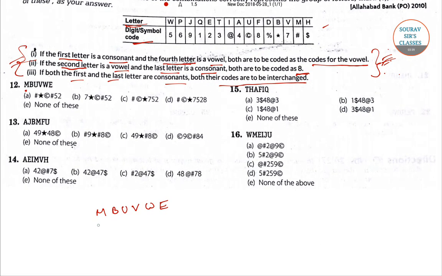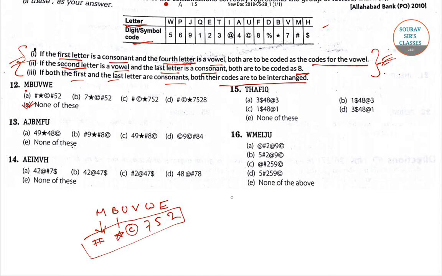So the coding would be done as M is coded as hash, B with star, U is coded with C, V with 7, W 5, and E is coded as 2. So the correct answer is #*C752, which is our option number E, that is none of these.